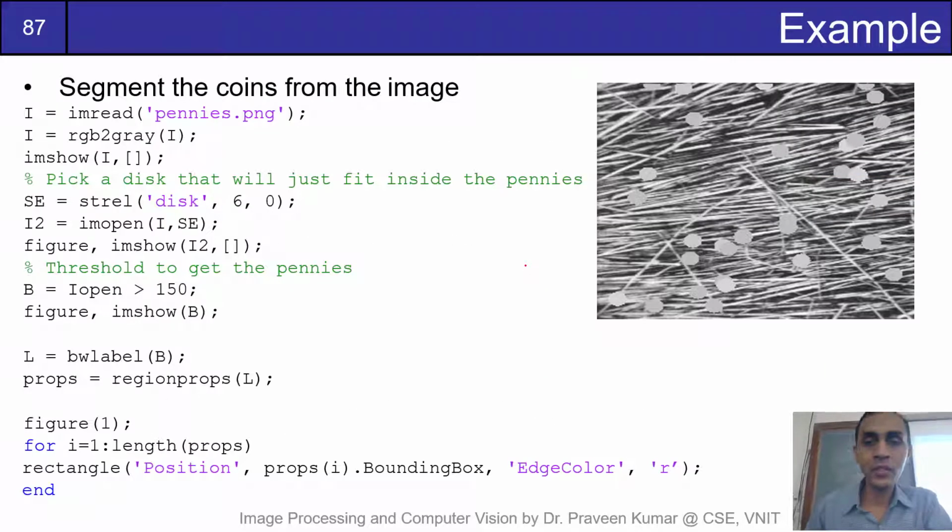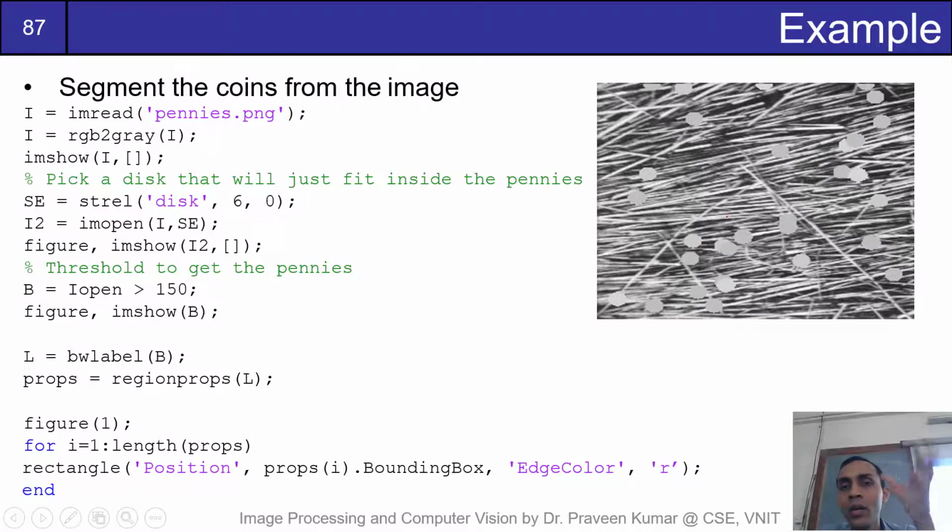And I'm just going to take one or two applications to show you where this can be useful. So for example, in this image there are some pennies put on the background. The background is quite cluttered, and let us say we want to segment out these pennies. Segmentation we'll discuss in more detail later on, but just some sample we are discussing here.